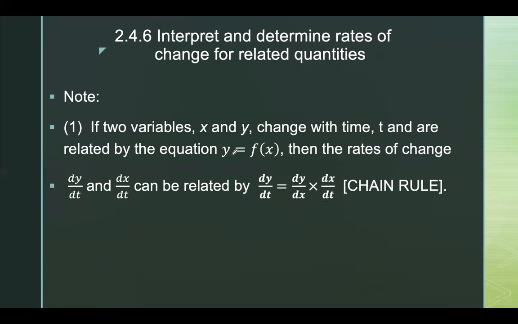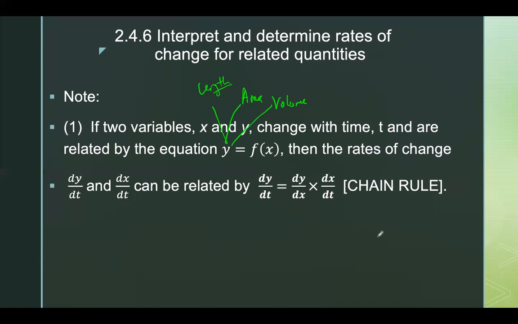Here y can be anything, maybe area, volume, or length. Usually the length is x. Area and volume are usually the bigger one, then x will be maybe the height, the length, the width, or something else.